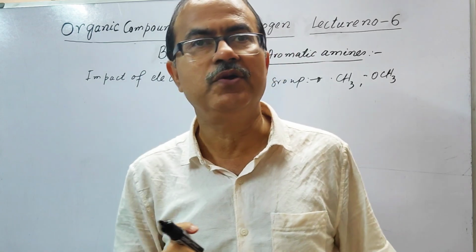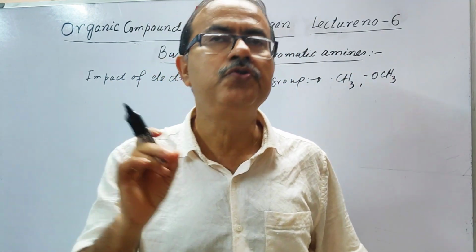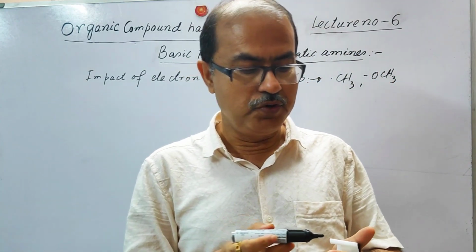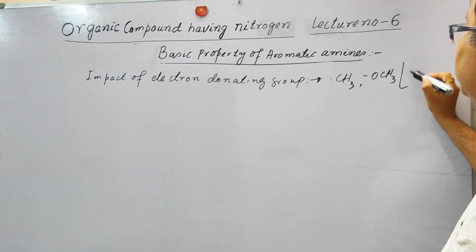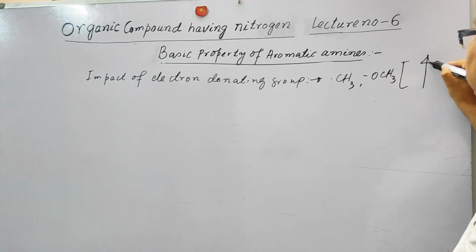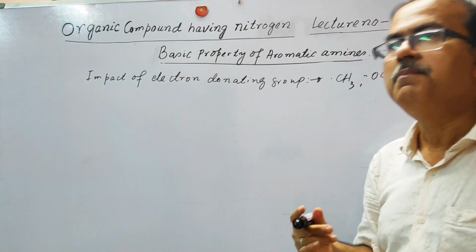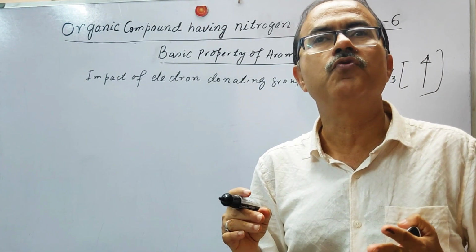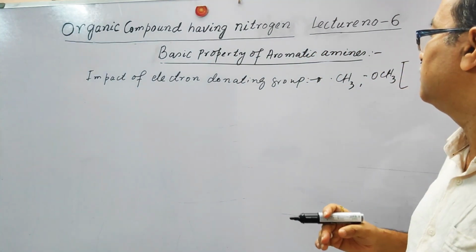What is the impact that we are going to understand? So the general rule is, when we incorporate these electron donating groups into the benzene ring, it will increase the basic strength. Basic strength will be increased. But again, the position in which the group is incorporated also has an impact.